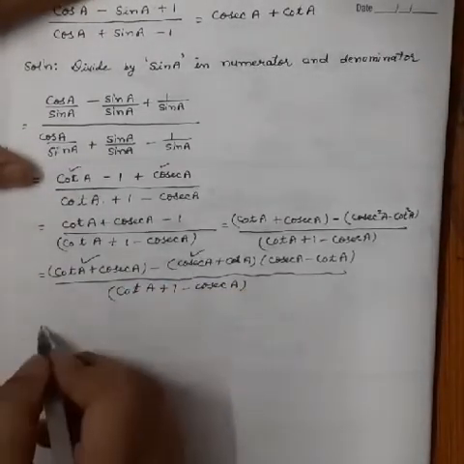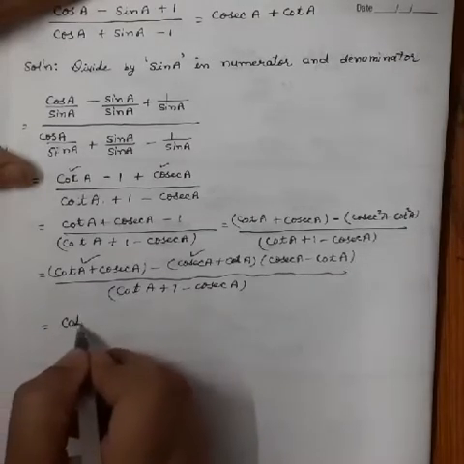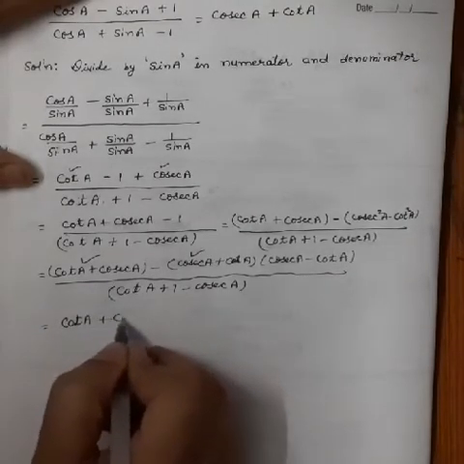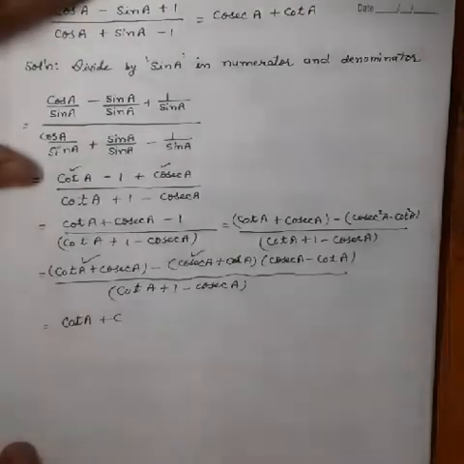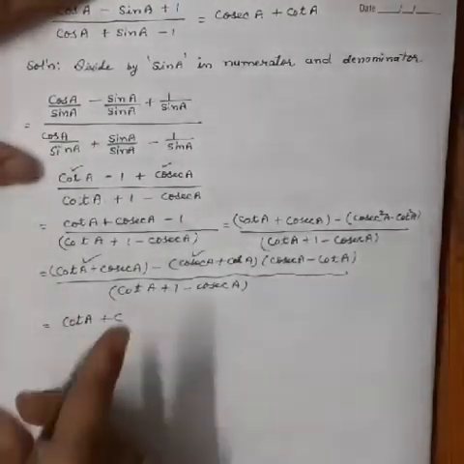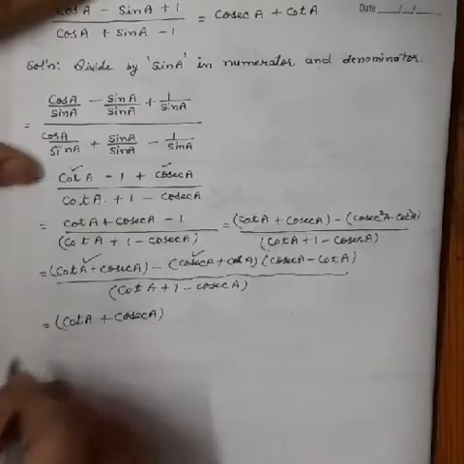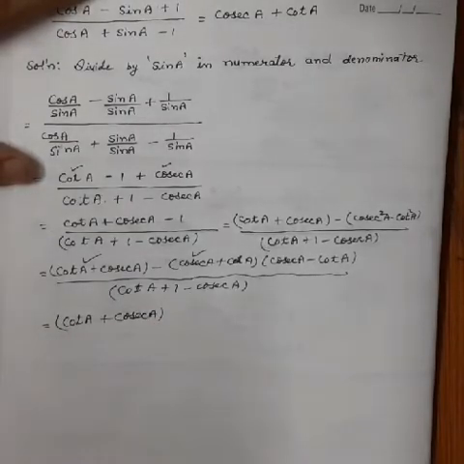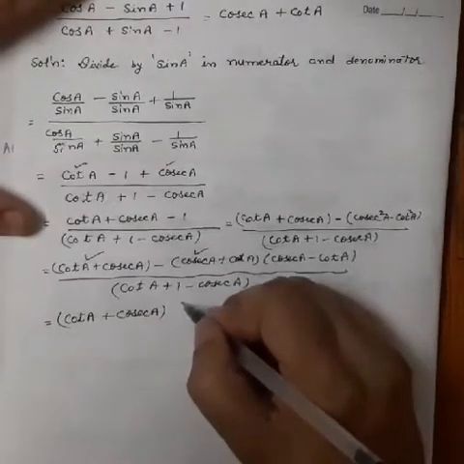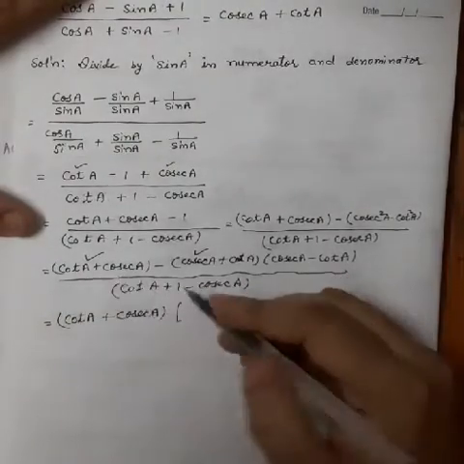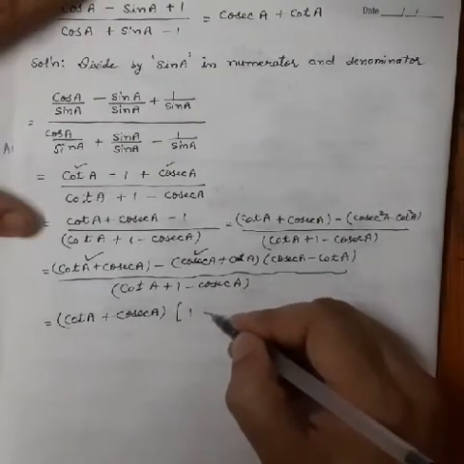Common is this, cot a plus cosec a is common. And what is remaining? Remaining will be, because this is common, then this is 1, this is minus.